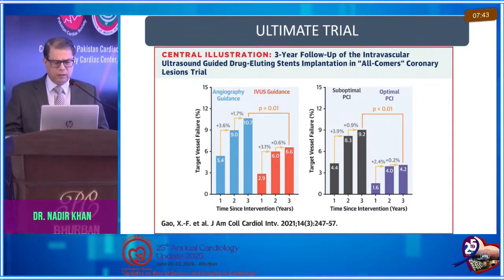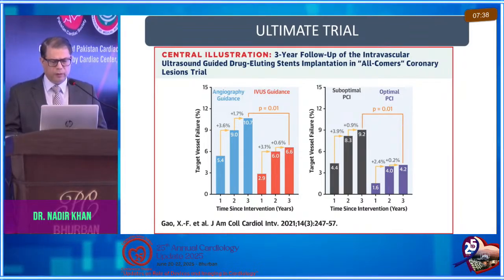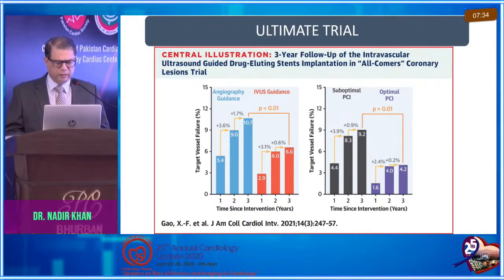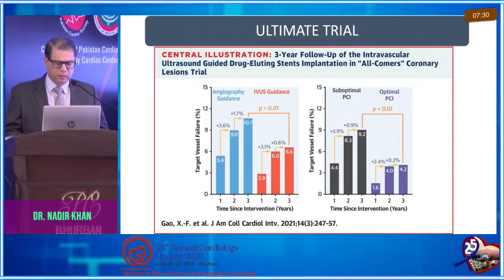In the IVUS guidance group, they again divided it into suboptimal and optimal PCI depending upon the stent expansion, the landing zone, or any edge dissection. In optimal PCI, there was again a statistically significant difference from suboptimal PCI.